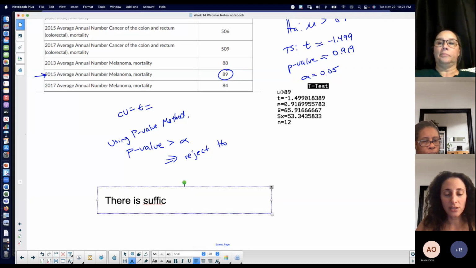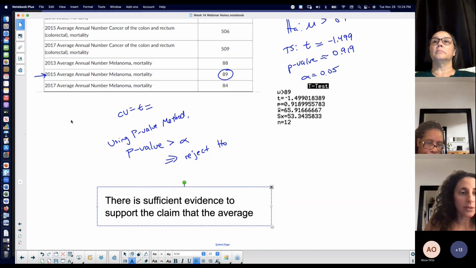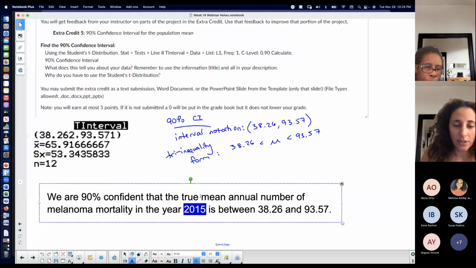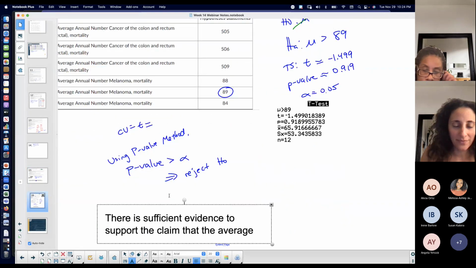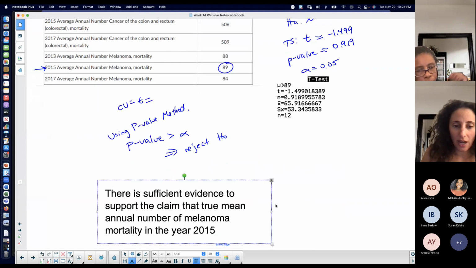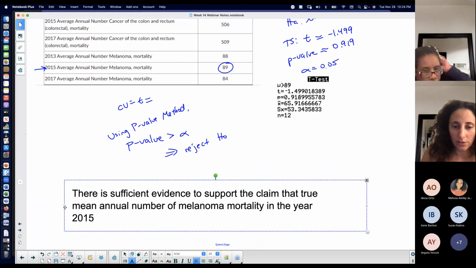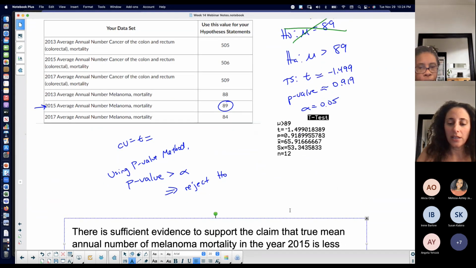There is sufficient evidence to support the claim, or the alternative, that the true mean average annual number in the year 2015 is less than 89.